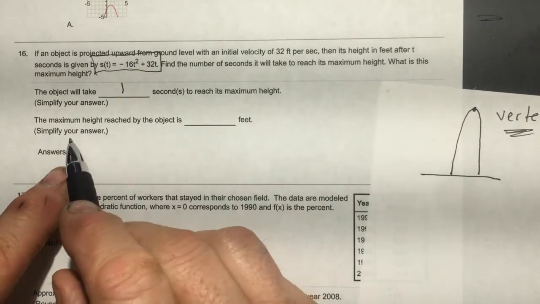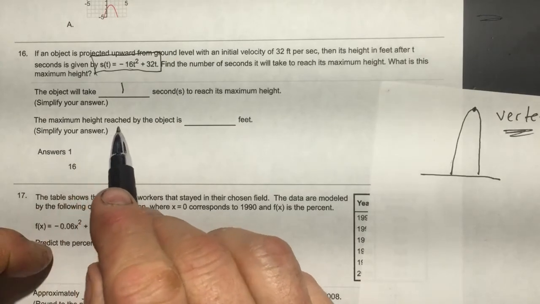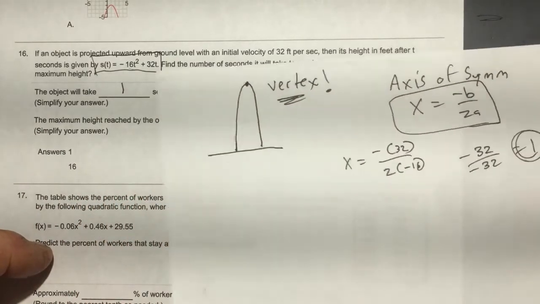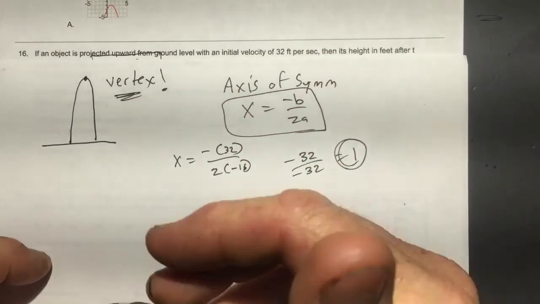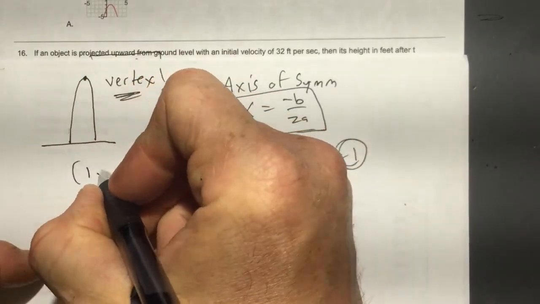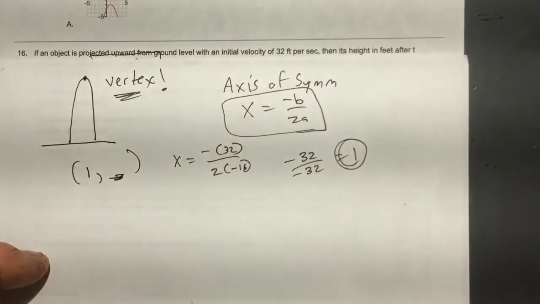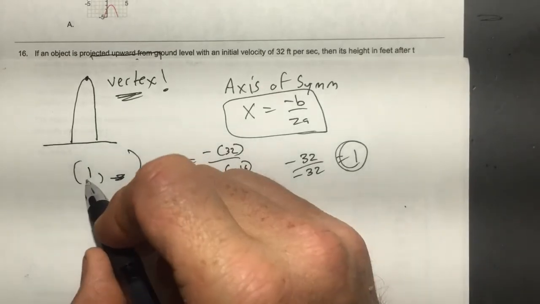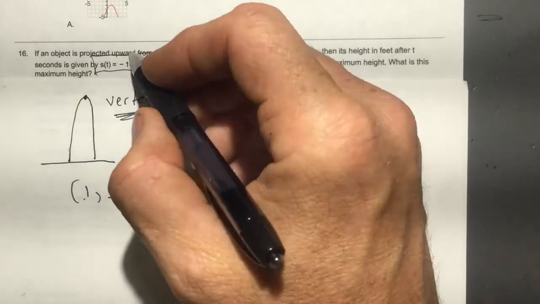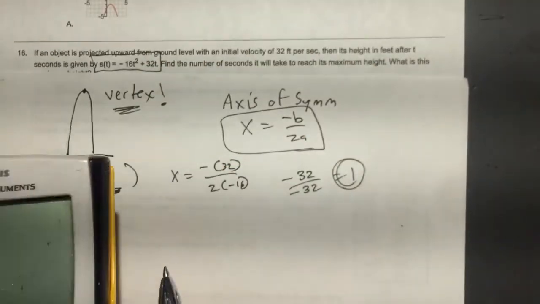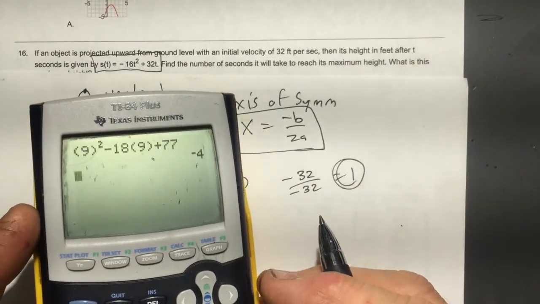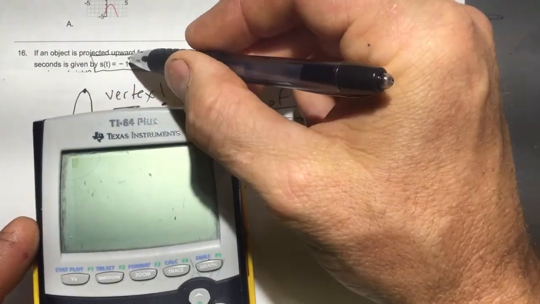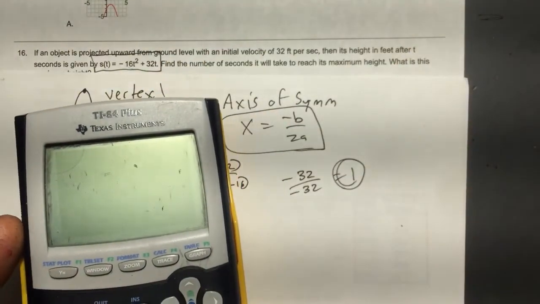Now, the maximum height reached by the object is, all right, now that's the rest of the vertex. We found the x value of the vertex. Now what's the y value of the vertex? So all I do is I take 1 and I put it in. So let's get my calculator here. I'm going to take 1 and put it in for t on this. I'm saying x, but it's actually t.